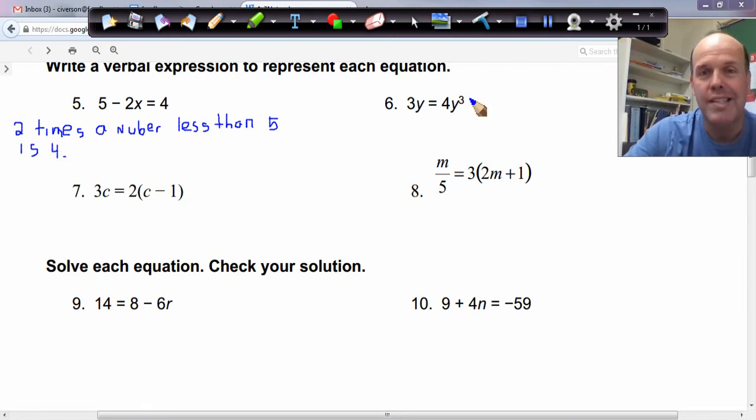Okay. Number 6, 3y equals 4y cubed. We could say 3 times a number.